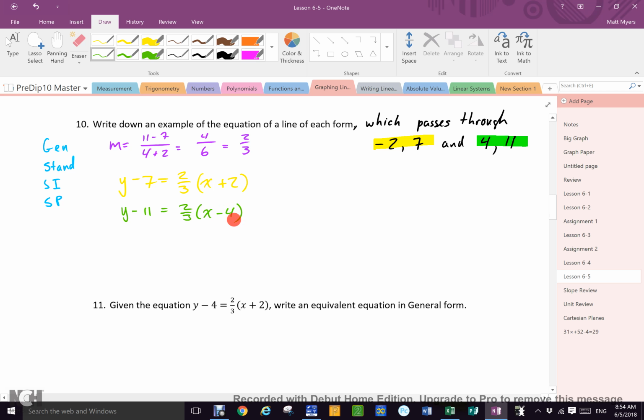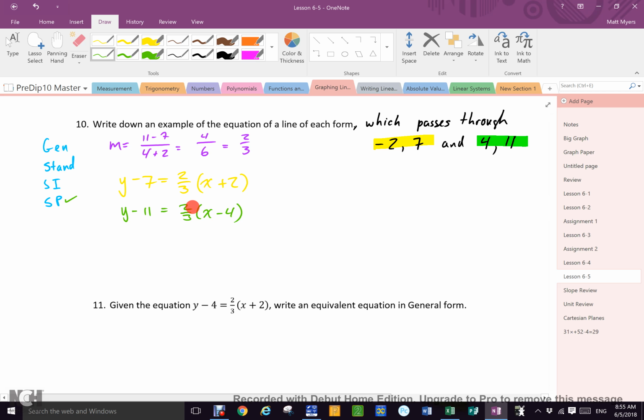Everybody cool? So slope point is taken care of. Are both of those equally right? Yes. What is the mistake some of you are going to make? You're going to take the y from one point and the x from the other point. But you would never do that, would you? Probably.